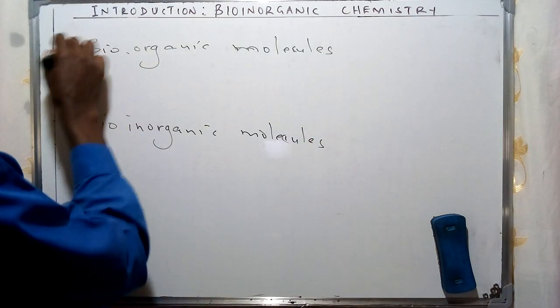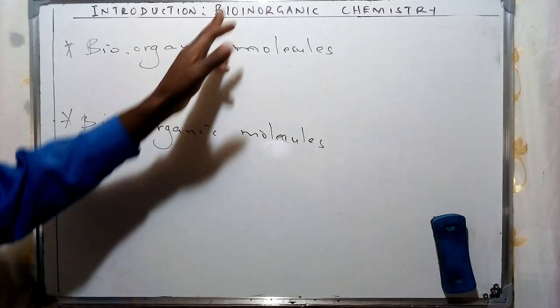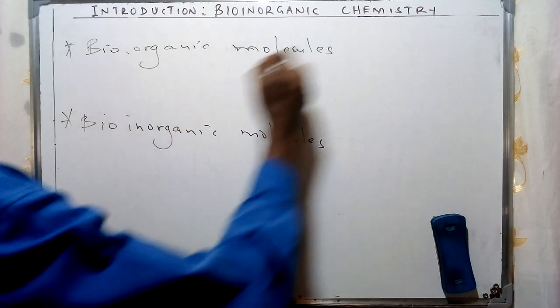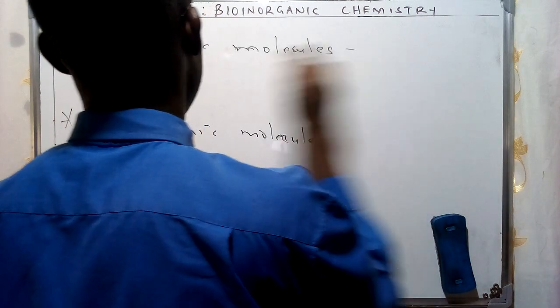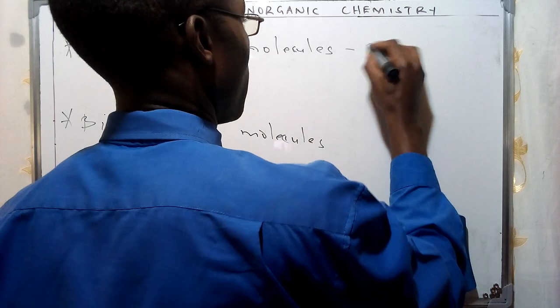We can give a simple set of these two sets of molecules for us to understand the difference between the two. This will help us pinpoint what range of compounds fall under our specific topic of bioinorganic chemistry. Now, basically, from our previous studies, I mentioned that bioorganic molecules are compounds such as carbohydrates.